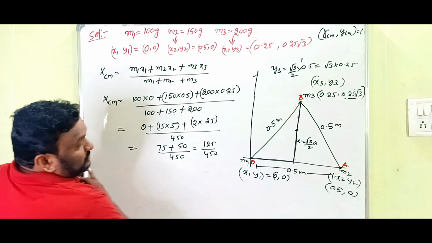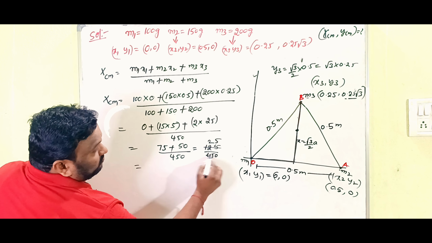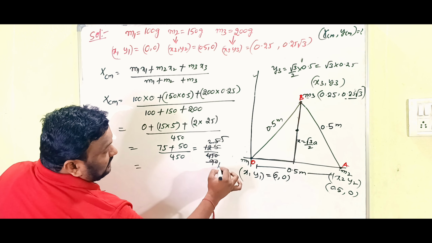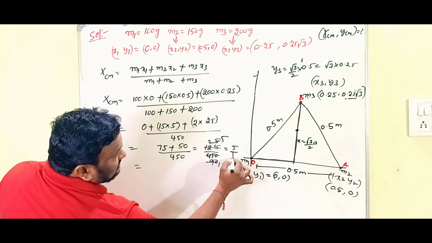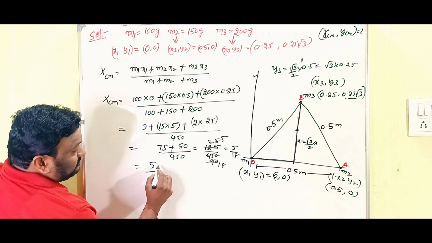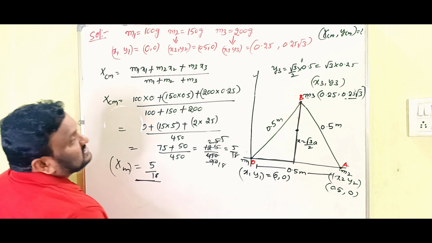Children, 5 2s are 10, 5 5s are 25, 5 9s are 45, 5 18s are 90. So 5 by 18. So xcm is 5 by 18. In the same manner we have to find the ycm.